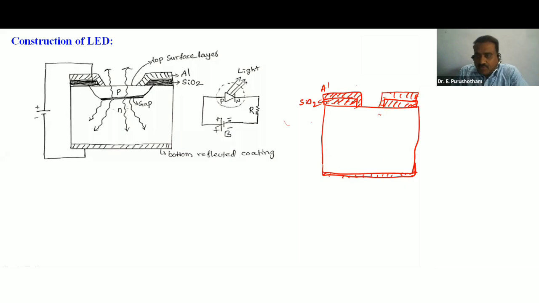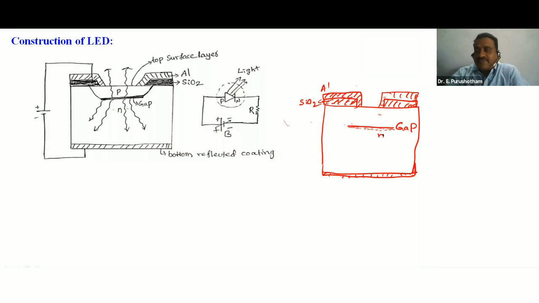So inside the box, let us take an LED material, gallium phosphide, GaP. The bottom surface of the gallium phosphide is coated with N-type material. It behaves as an N-type semiconductor.